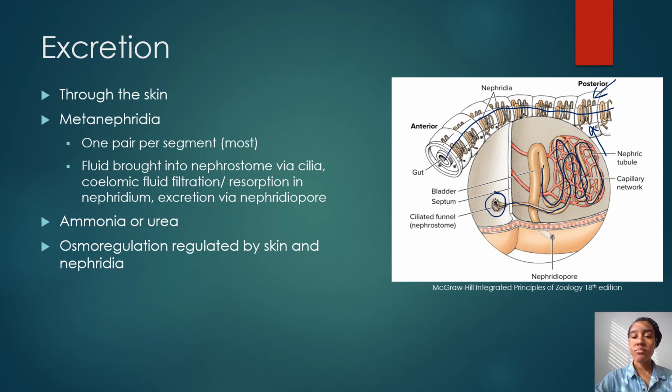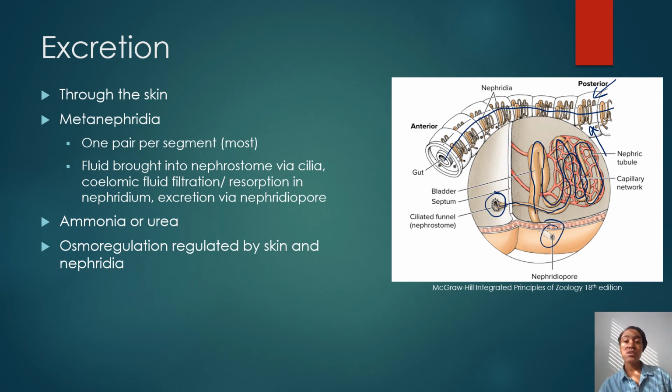Eventually, the waste will get to the nephridiopore, which is just the opening to the outside world. So coelomic fluid comes in through the nephrostome, travels through the metanephridia, and then leaves via the nephridiopore.